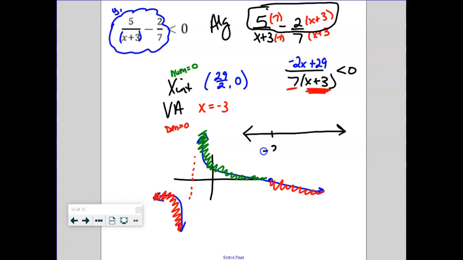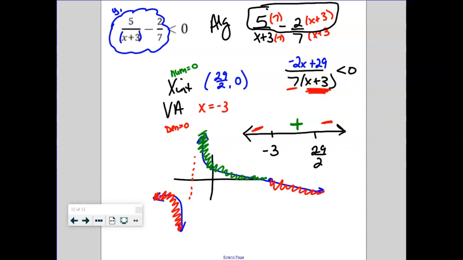So the vertical asymptote was one critical point, and then the 29 halves is the other one. So the rational was negative before the asymptote. It was positive after the asymptote until it hit 29 halves, and then it was negative again.